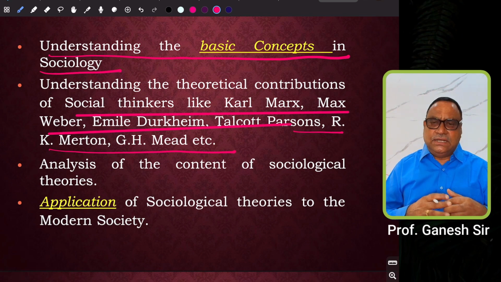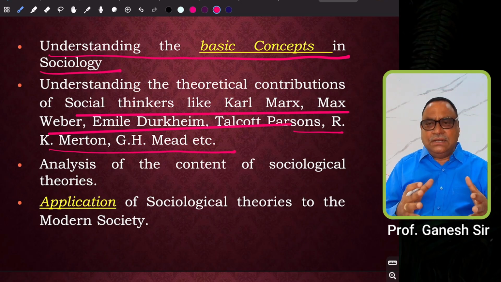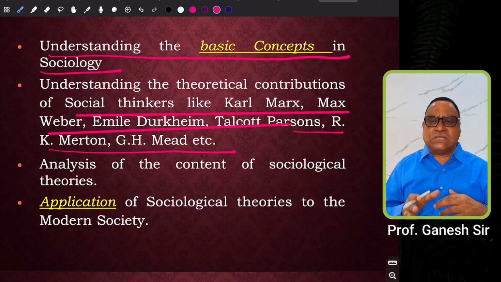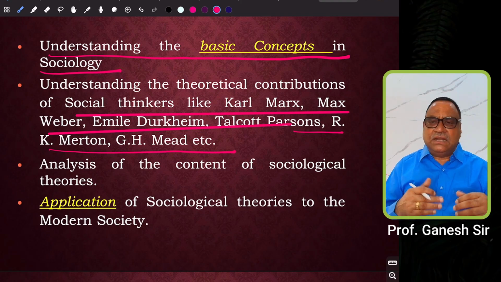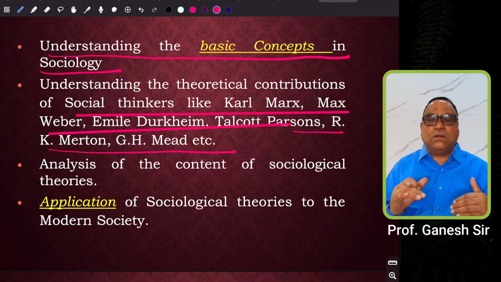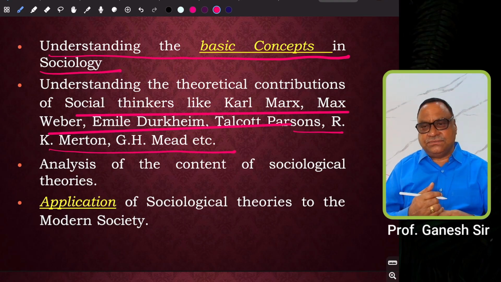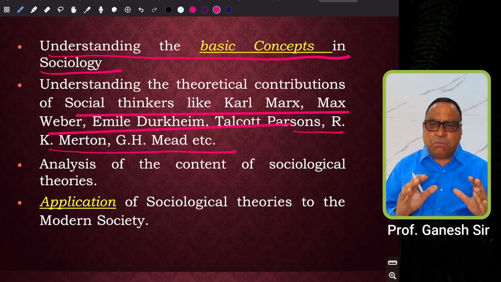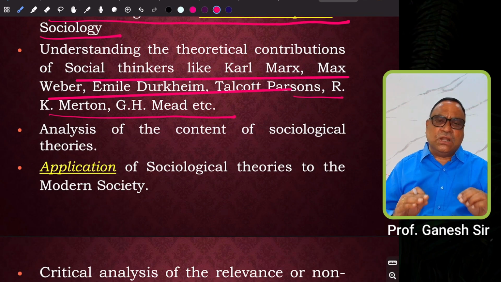Like that, a student is supposed to think and examine, apply these theories to modern society, and identify whether they are relevant or not. If they are relevant, how they are relevant. If they are not relevant, how they are not relevant. Those aspects need to be analyzed by the student. This is very important. Then, as I told you, analysis of the content of sociological theories.